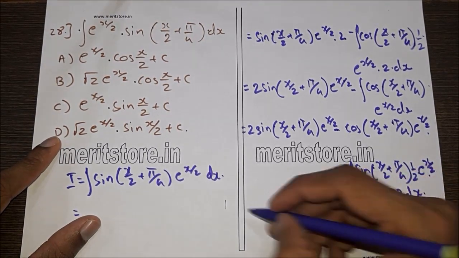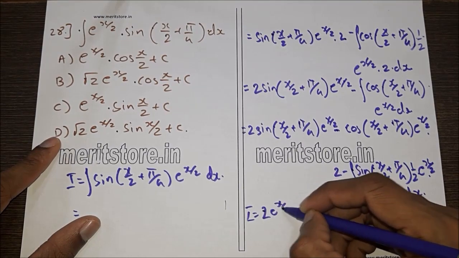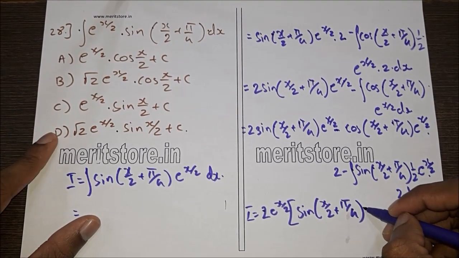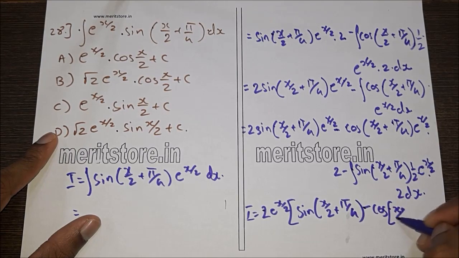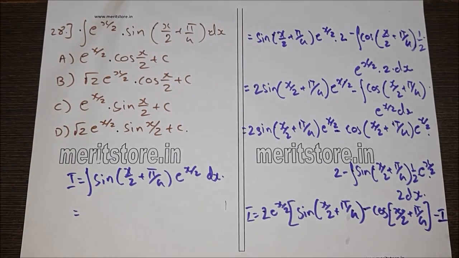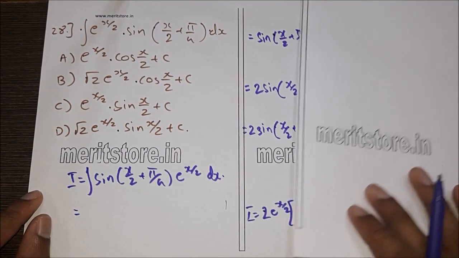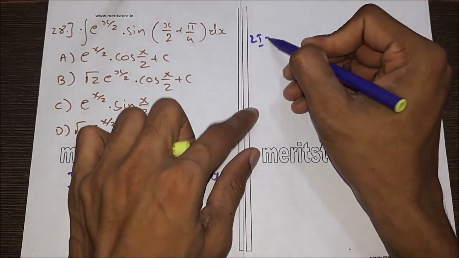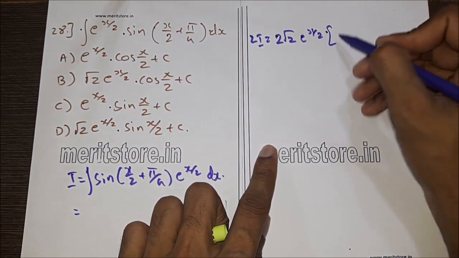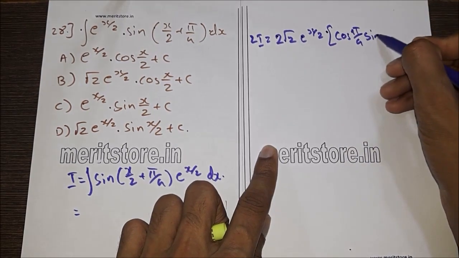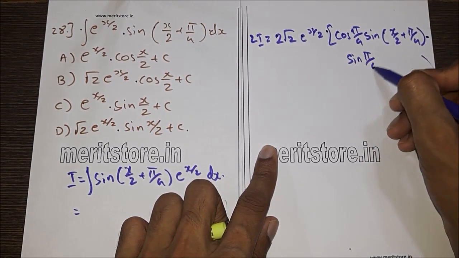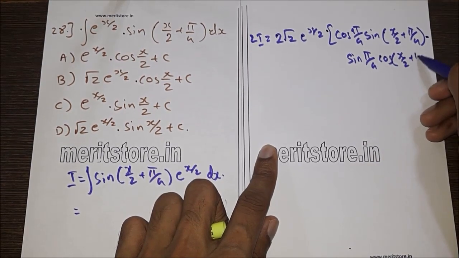So we can write this as I equal to 2 e raised to x by 2 [sin(x/2 + pi/4) minus cos(x/2 + pi/4)] minus I. Therefore, further it can be simplified as 2I equal to 2 root 2 e raised to x by 2 [cos pi/4 sin(x/2 + pi/4) minus sin pi/4 cos(x/2 + pi/4)].